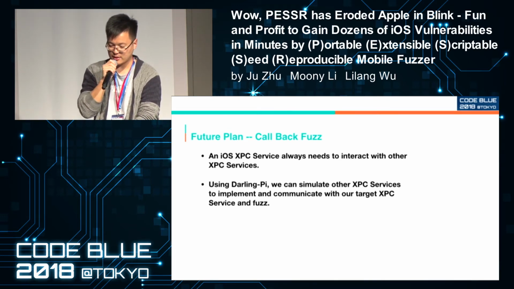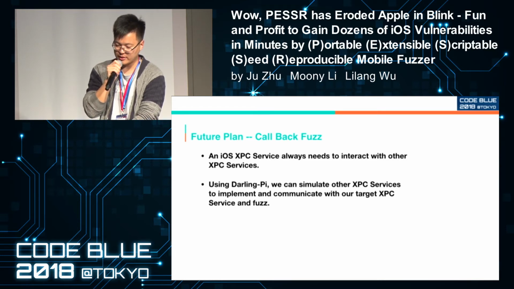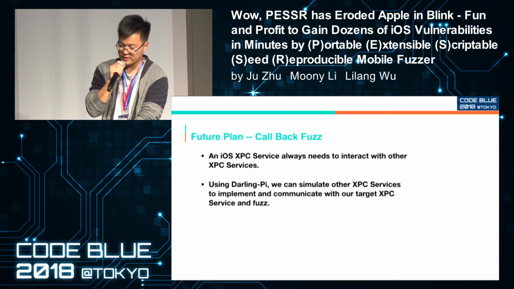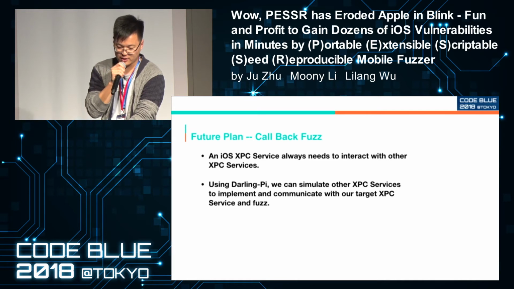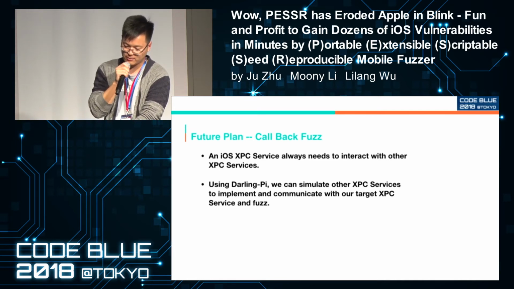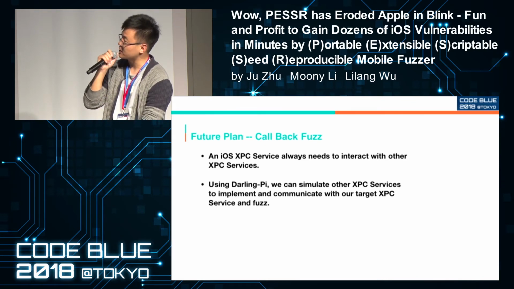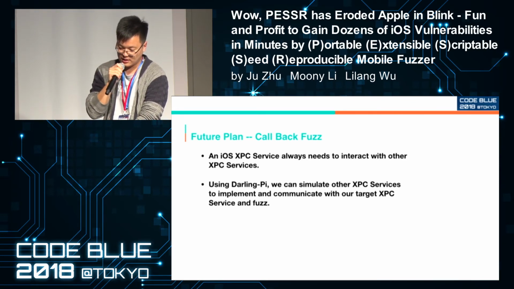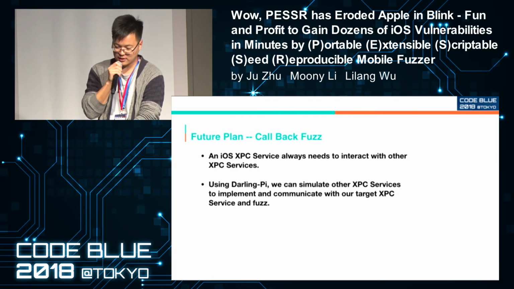In practice, an OS XPC service always needs to interact with other XPC services, so we can simulate other XPC services to communicate with the target XPC service with daemon play, and fuzz them based on the simulation we mentioned before.